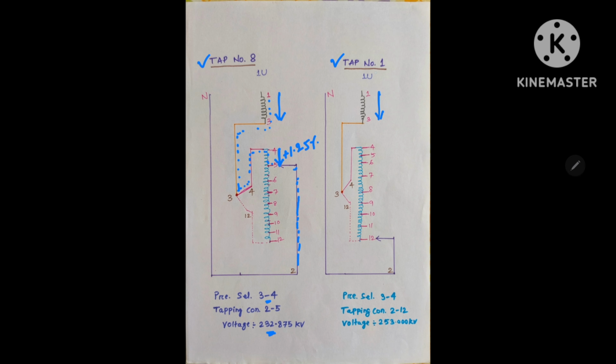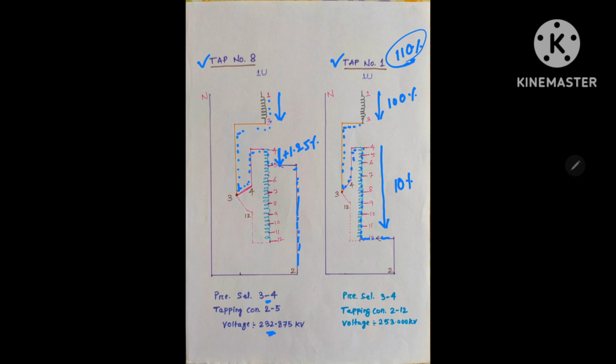Now when the tap is number 1, that means 110%. That means this is 100%, and this entire 10% of the winding will be added. So here you can see now the entire 10% is adding to this 10%.